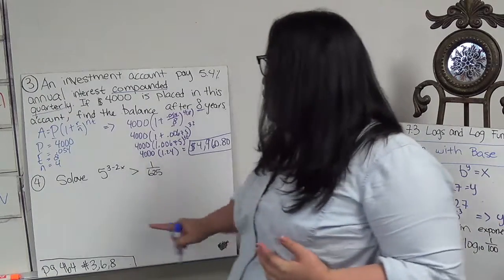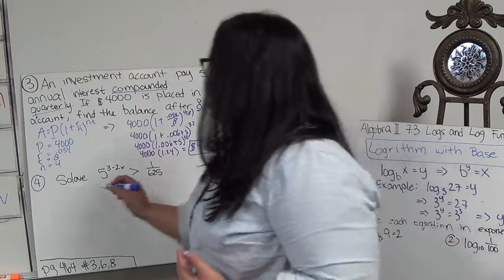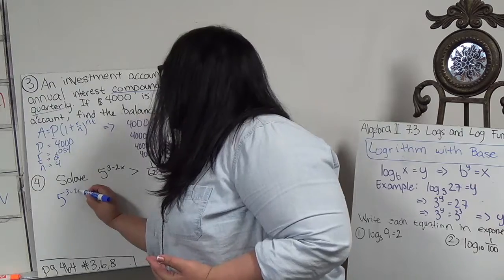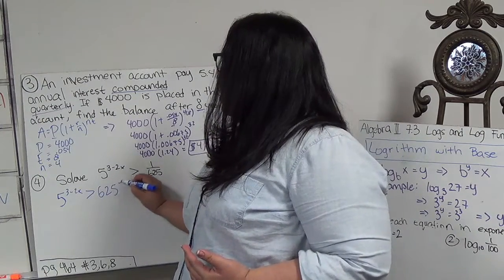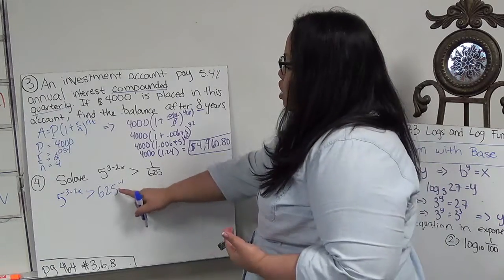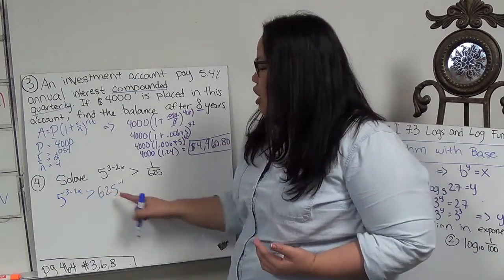With this in a fraction, it's not helping. So what I'm going to do is write 3 minus 2x greater than 625 to the negative 1. So I'm not changing the value, right? It still means the same thing, but now I can focus on getting the same base.